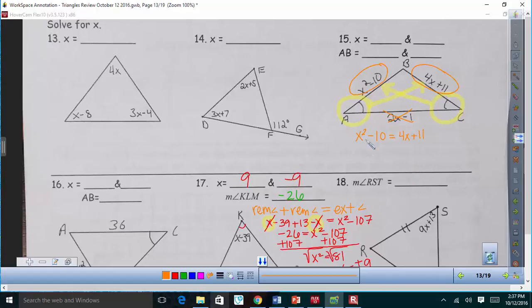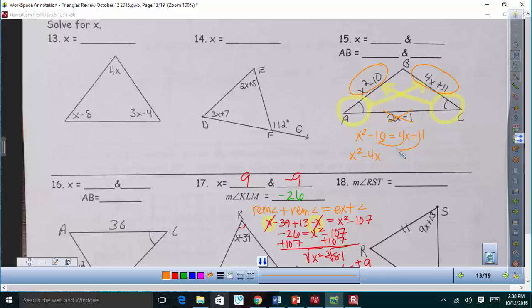Now, how are we going to solve for x here? What does this x squared tell us? Oh, factor. That we're going to have to factor. So in order to factor, we need to do what? Get everything on one side. So I'm going to move 4x over. When I move it over, it changes signs. It doesn't have any like terms over here, so I'd write x squared minus 4x because I can't combine it.